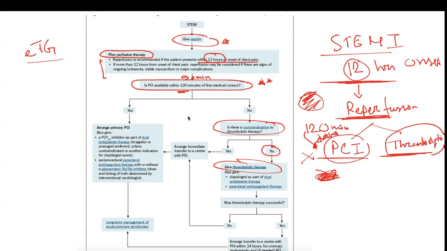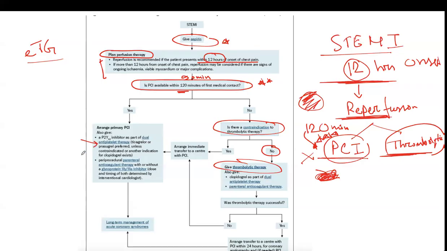Okay, now I understand there are a lot of other questions about clopidogrel, about lots of things. Let's discuss that. So remember, every one of these people will get a few other medications as well. They will get dual antiplatelet therapy.